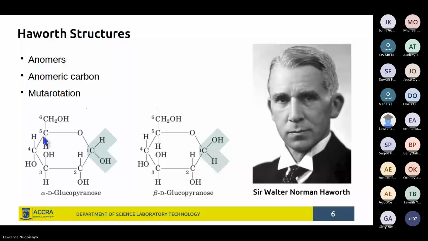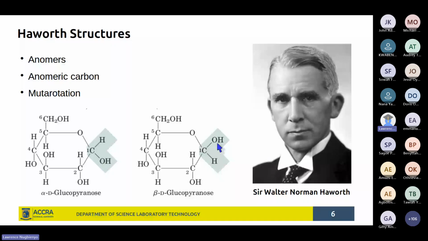Now, the formation of that hemiacetal can be in two ways, so that you have the hydroxy group, which is on carbon number 1, pointing downwards, or you have the hydroxy group pointing upwards.